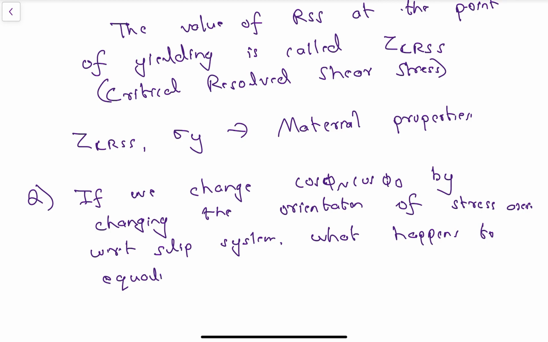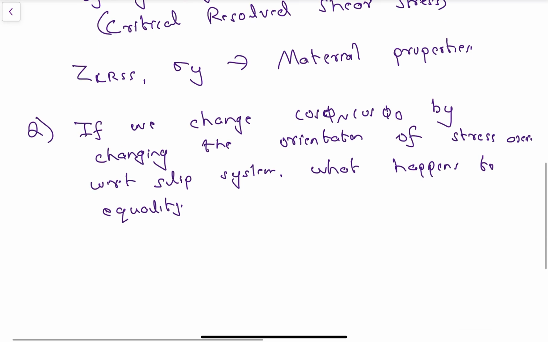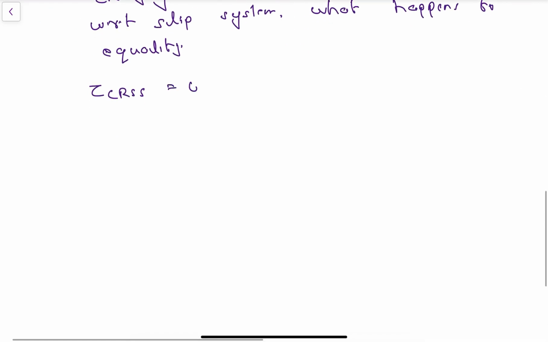That means we have written that tau CRSS is equal to sigma y cos phi n cos phi d. We can freely change phi n and phi d by changing the orientation of stress axis with respect to the slip system.